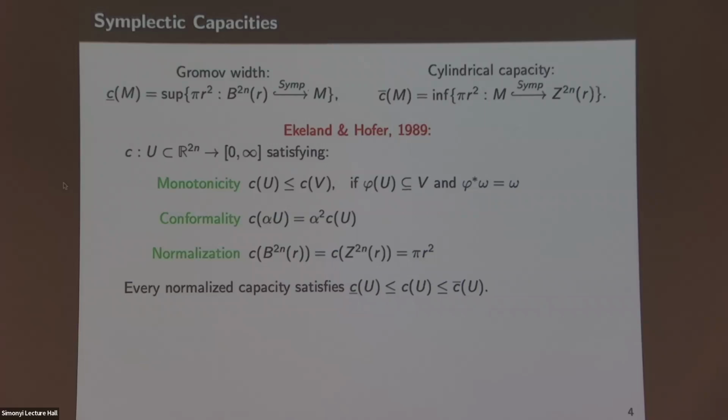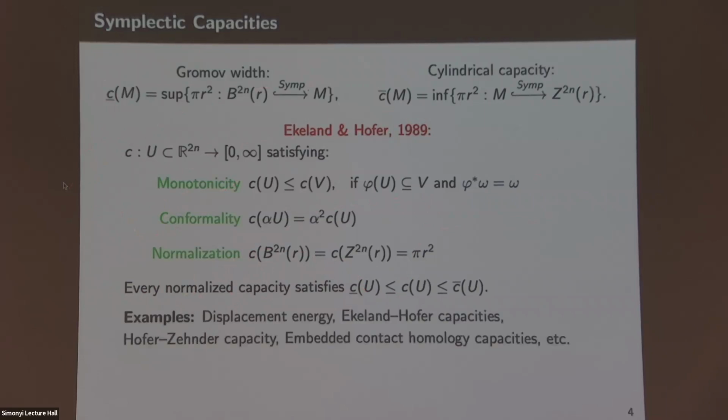As we don't want it to be the volume, we normalize it in such a way that the capacity of the ball and the cylinder of the same radius would be equal. From simply the monotonicity, one has that these two capacities are the smallest one and the largest one.